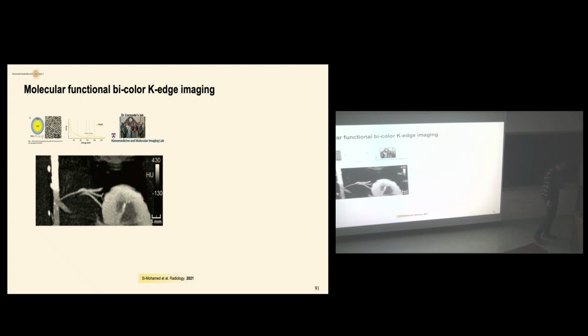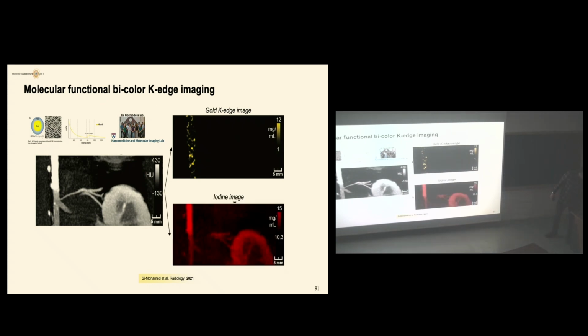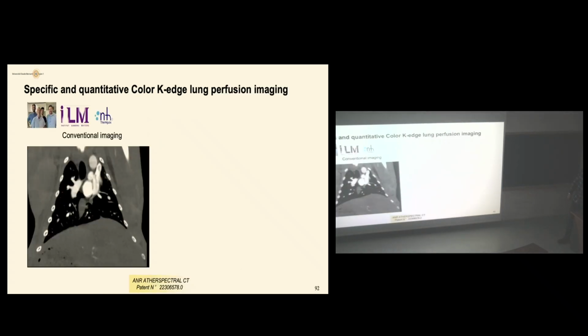And by using gold nanoparticles, as we saw earlier, you will be able to provide a specific imaging map of the macrophage burden in a quantitative way, while you can show in the same time the visualization of the lumen. So you have the morphology and the functional imaging. So at the end, you have this comprehensive imaging of atherosclerosis.